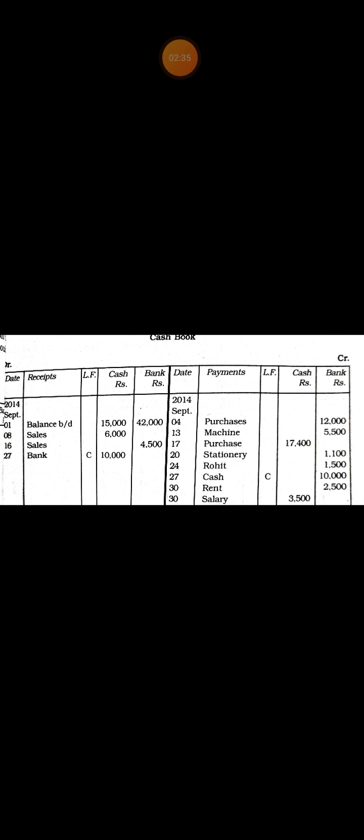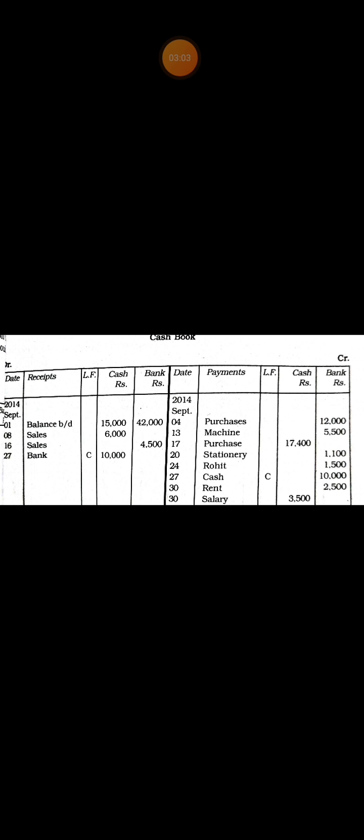Next, September 17, purchased goods from Mridula in cash. Purchased goods and paid cash. Purchase of goods is a payment which is written on the payment side of the cash book in cash column. Next, September 20, purchased stationery by check.